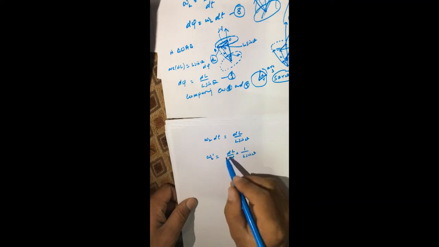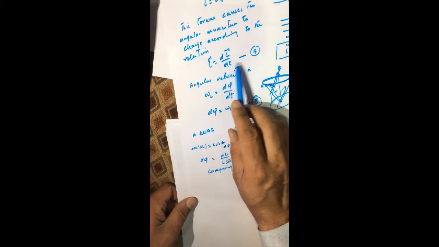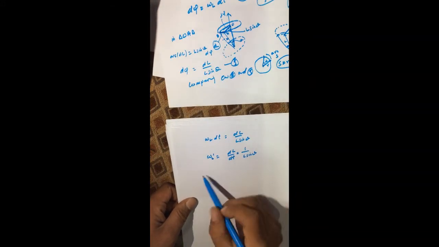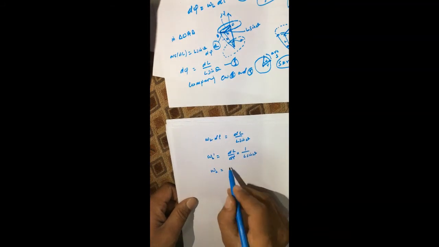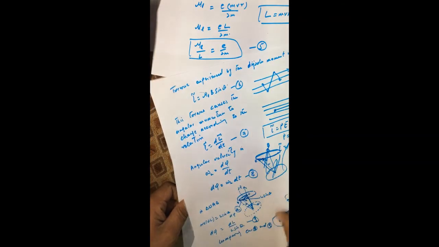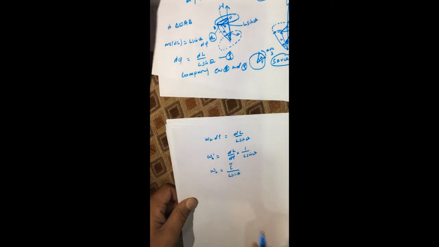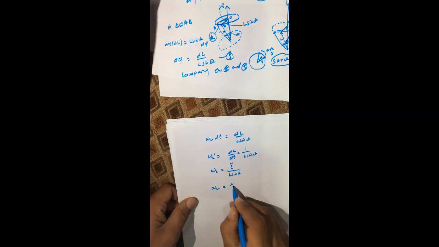Now this dL over dt is equal to the torque from equation 7. So we have omega L, which is equal to torque over L sin theta. And the torque value is itself mu L B sin theta. So if we put equation 6 here, we have omega L is equal to mu L B sin theta over L sin theta.